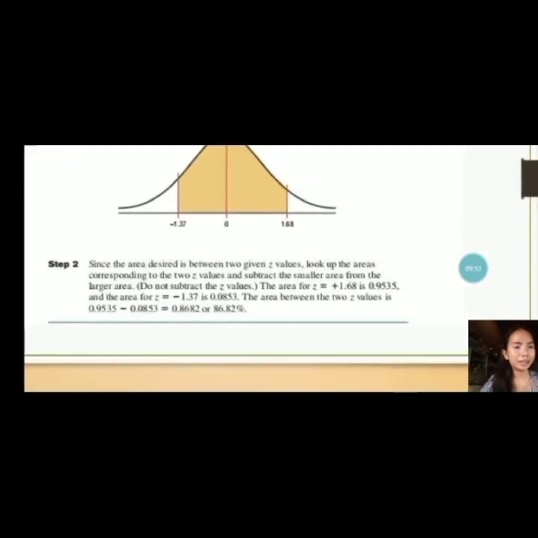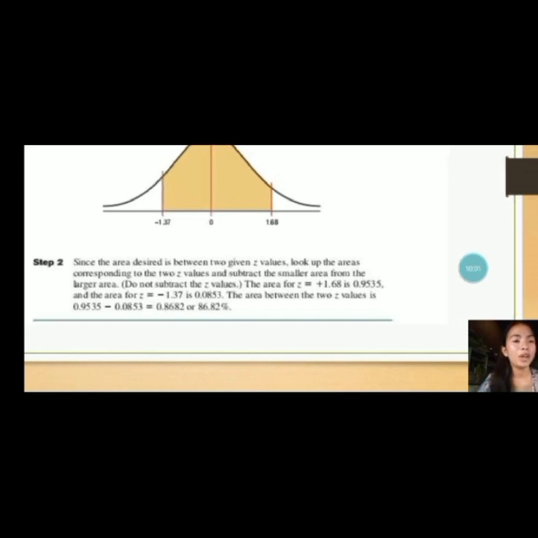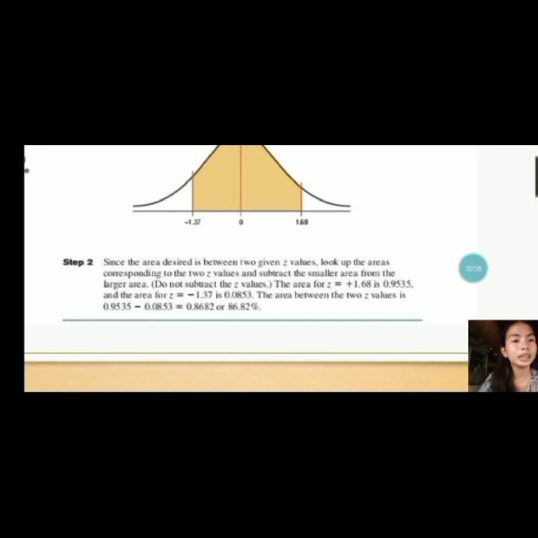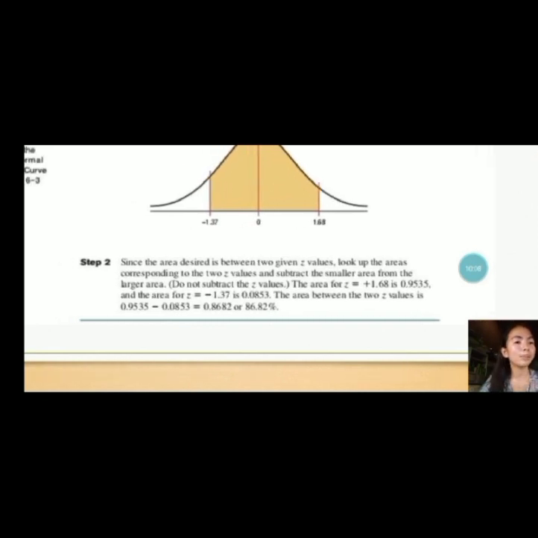So 1.6 ug ang 0.8 unsay type ang answer na siya is 0.9535. Same as sa diri sa negative 1.37 meron siya og 1.3 and then 0.007 may equal siya og 0.0853.